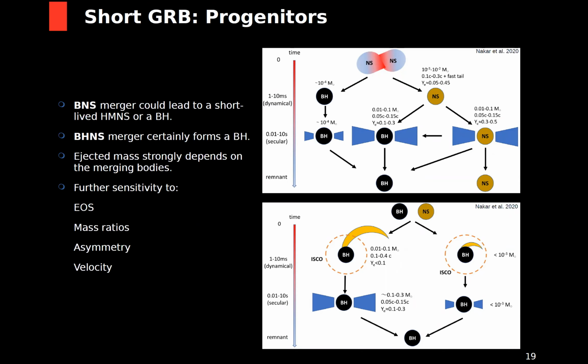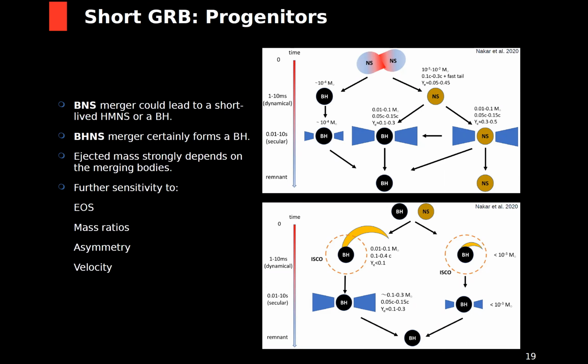So this case is relatively easy, because if you have a black hole, you are eventually always going to form a black hole. And then depending upon how close or where your ISCO lies and what the details of the initial merger are, you may not have a lot of emission. And if you have a neutron star, you may form a black hole, which is an easier thing, and you may have a short-lived hypermassive neutron star.